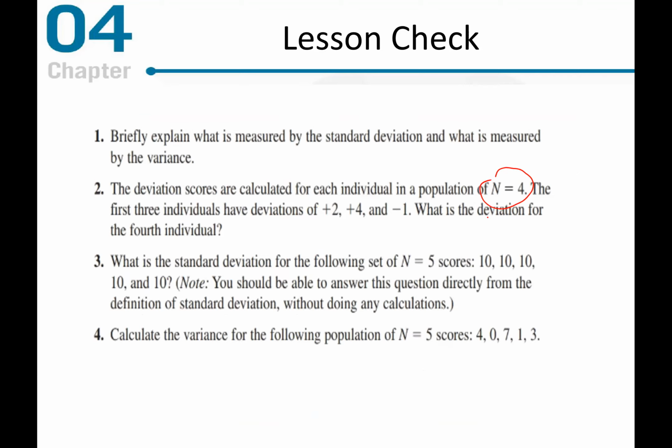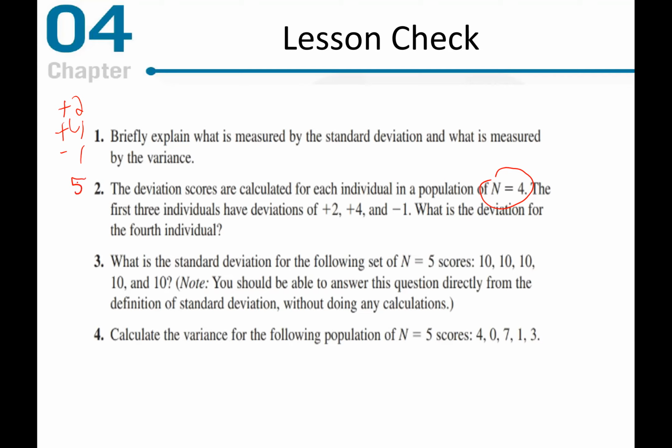So if we add up deviation scores, the sum of those should add up to 0, right? So if we have +2, +4, and -1, well, that comes up to what? 2 plus 4 is 6. 6 minus 1 is 5, right?